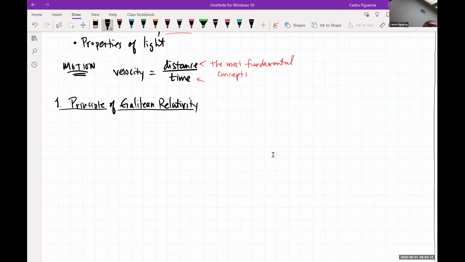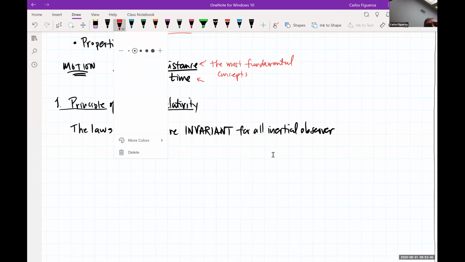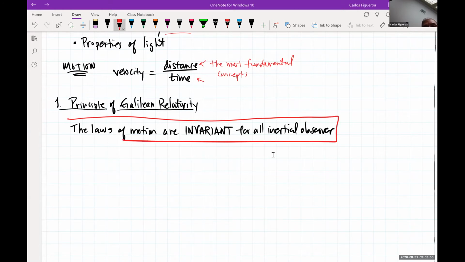And this is what it says right here: the laws of motion are invariant for all inertial observers. And this is so simple, so deep.